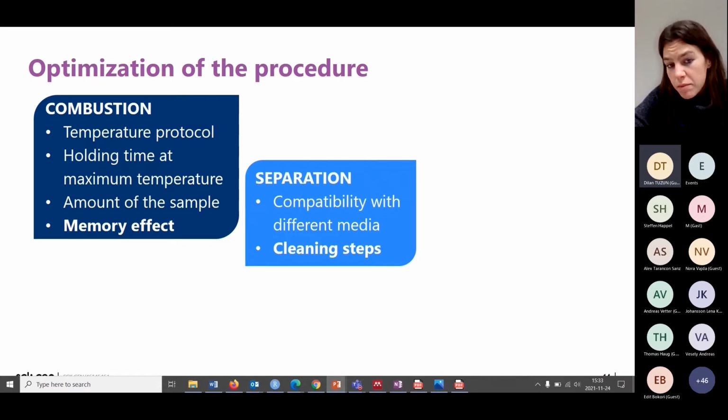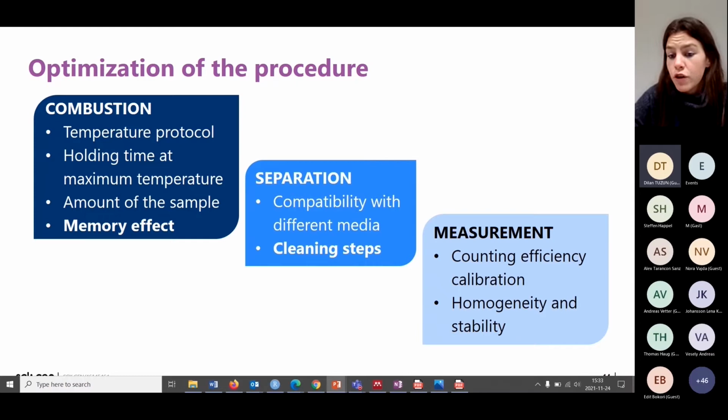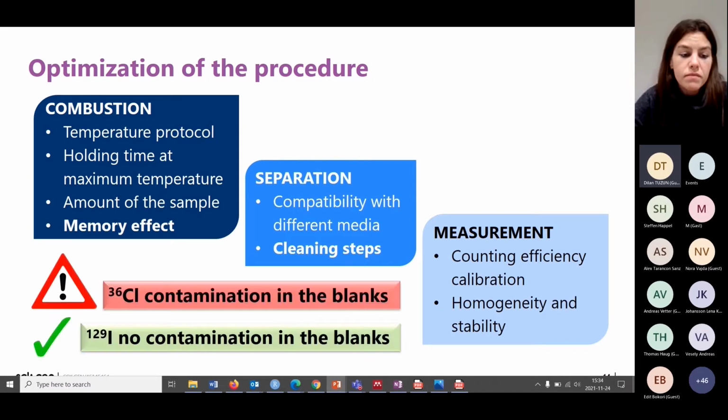For the separation step, we tested the compatibility with different media for loading the solution into the resin, and we also took into account the cleaning steps in order to remove potential interferences. For the measurement, we did the calibration in order to quantify the counting efficiency, and we also took into account the homogeneity and stability of the samples to measure.